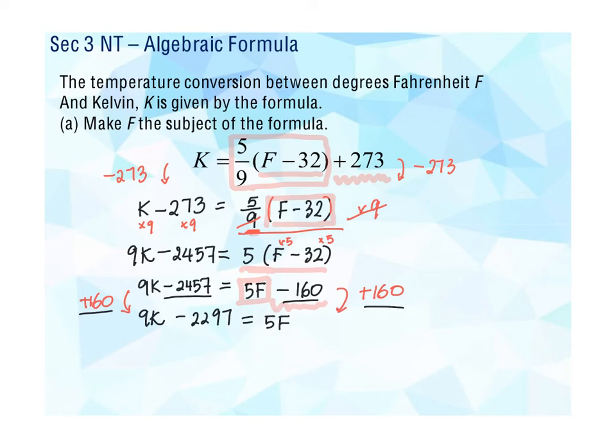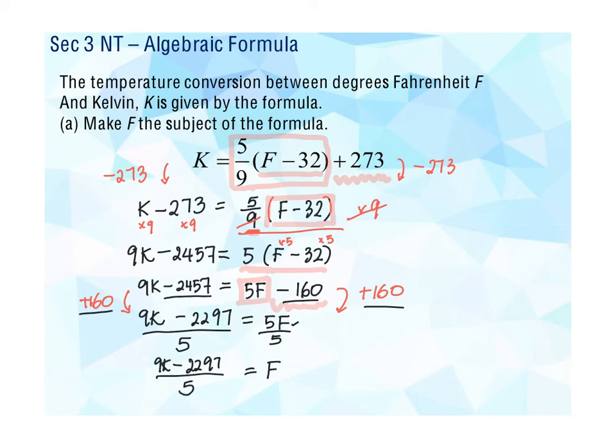How can I get rid of 5? I'll need to divide. But since there's algebra, I'll write it as a fraction, over 5 over 5. I'm left with, on this side, F, and the expression 9K minus 2297 over 5.